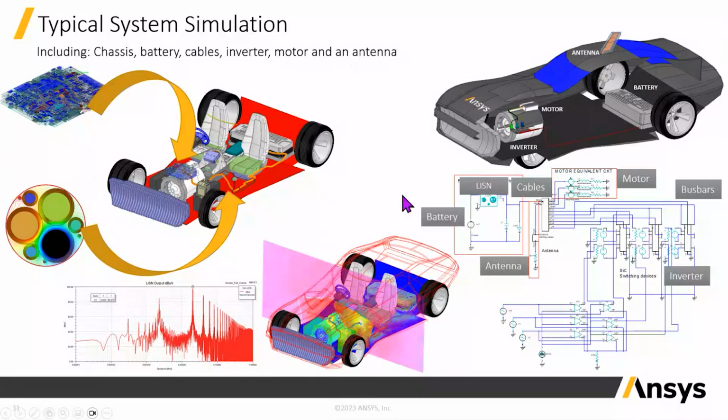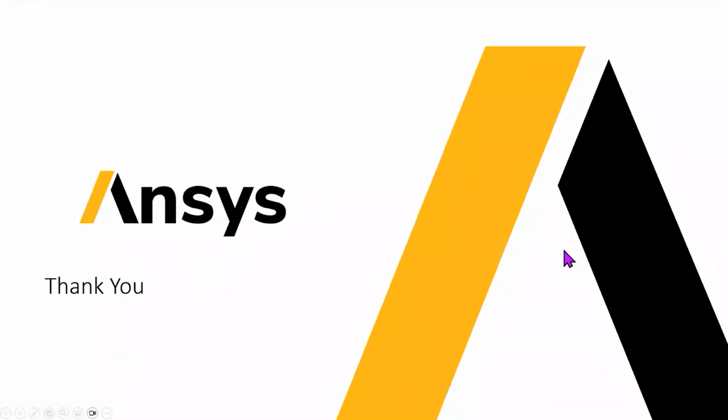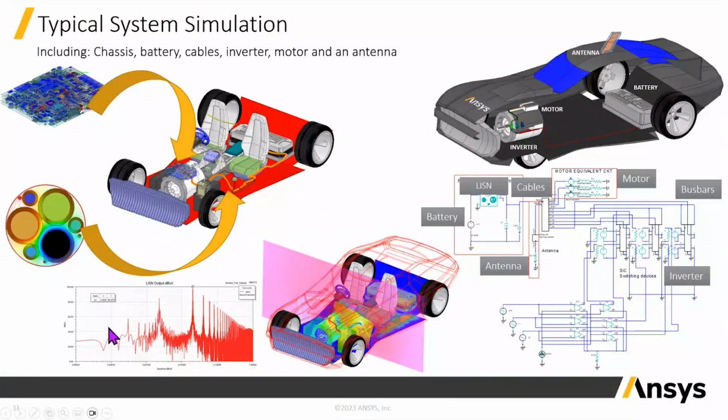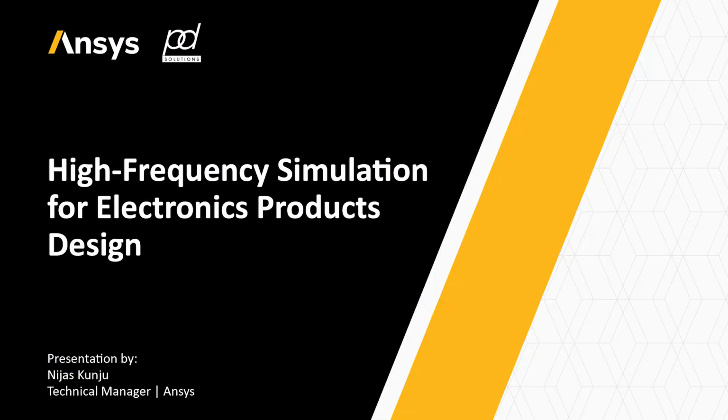When you model everything, you need to model your LISN and cables, motors, bus bar, inverter, everything in the circuit. These blocks come from the EM simulation side. You combine all this simulation, and finally you can predict how much emission is coming out at the LISN, and when these things are radiating or the cables are conducting. The system level analysis you can also do with the tool rather than going for a measurement. You can do everything virtually.